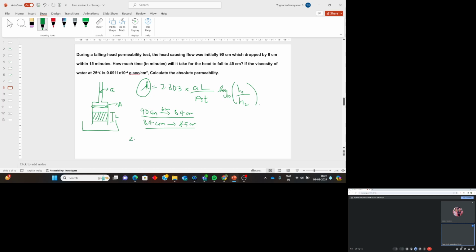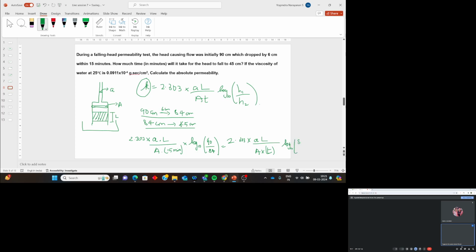So 2.303 into aL divided by A into time, which is 15 minutes, into log of 90 by 84, is equal to 2.303 into aL by A into time required, into log 10 of 84 by 45.